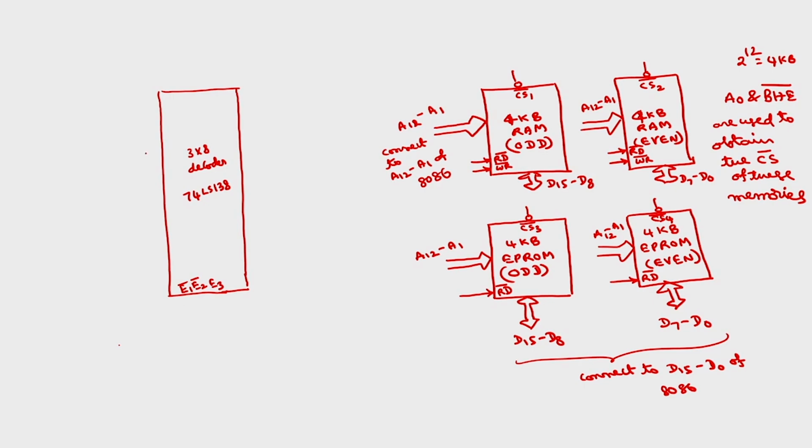And we will be having 3 inputs, A2, A1, A0, and 8 outputs, Y0 bar, Y1 bar, Y2 bar, Y3 bar, Y4 bar, Y5 bar, Y6 bar and Y7 bar.